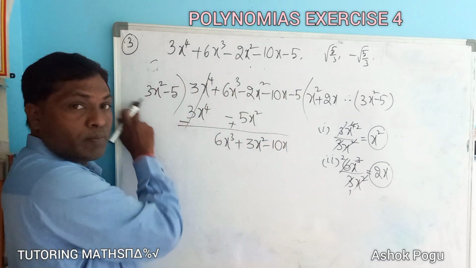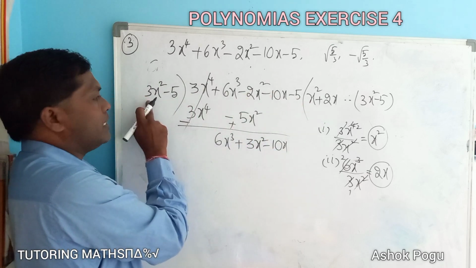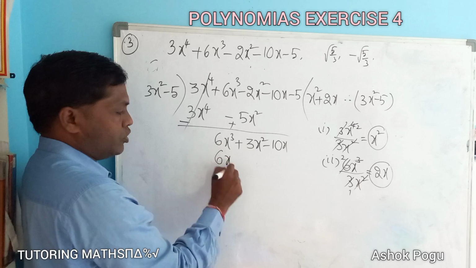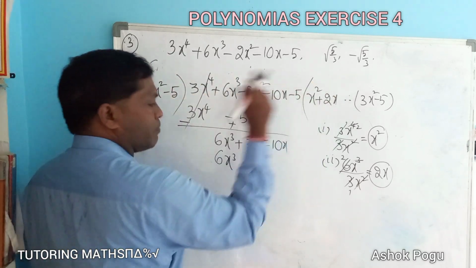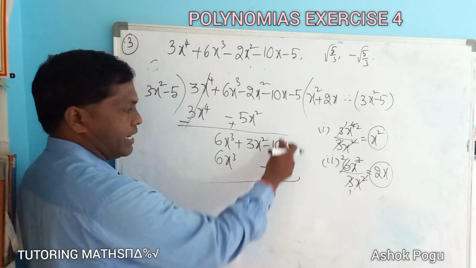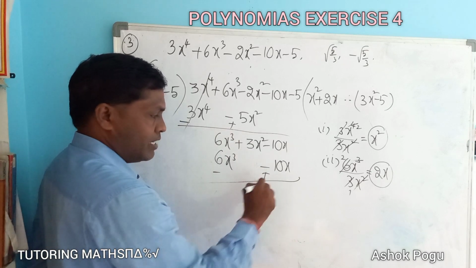2x should be multiplied by this whole expression. 2x into 3, 2 3s are 6. x into x square, x cube, since 2 plus 1 is 3. And minus into plus is minus, 5 2s are 10x. I have taken x just below the x to group the like terms. Minus becomes plus.